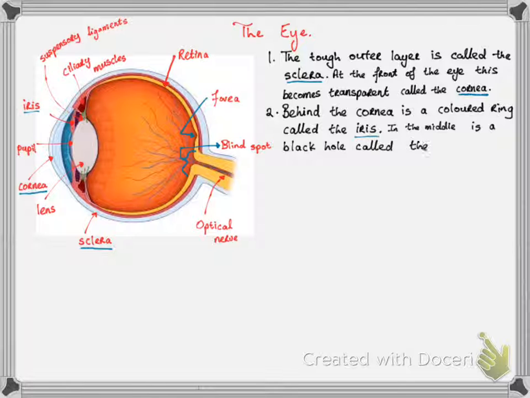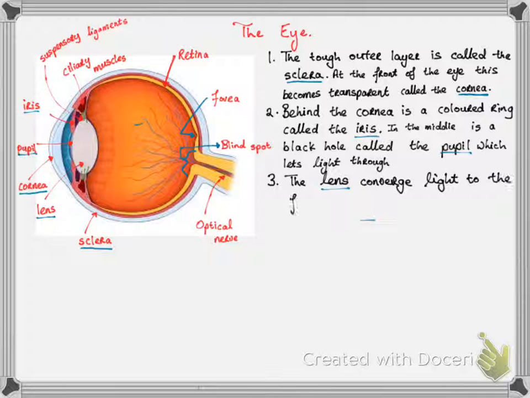In the middle of the iris, so that black dot in the eye, we call the pupil, and it is here where light passes through. You also have a lens in your eye, and the lens is responsible for converging light to the fovea, or anywhere really along the retina, but particularly the fovea.